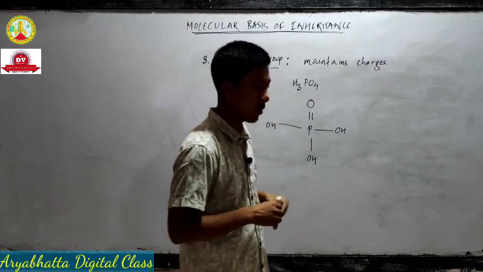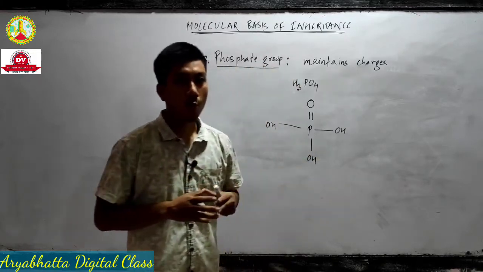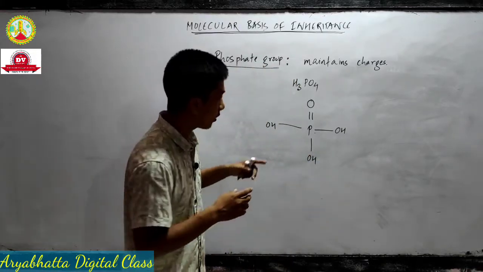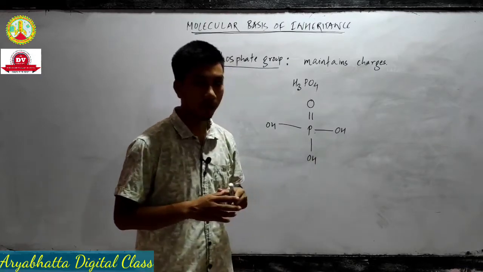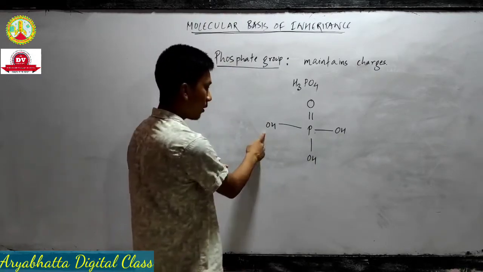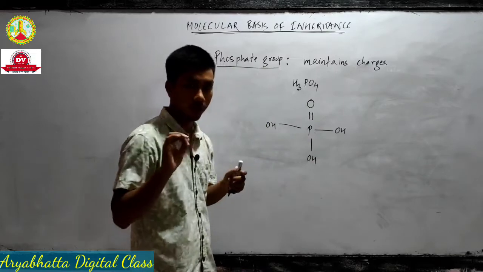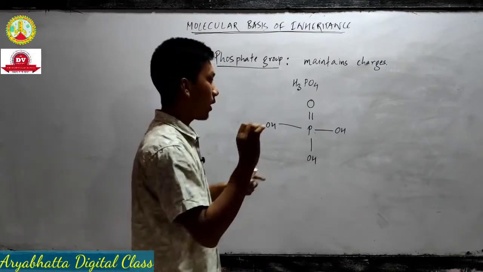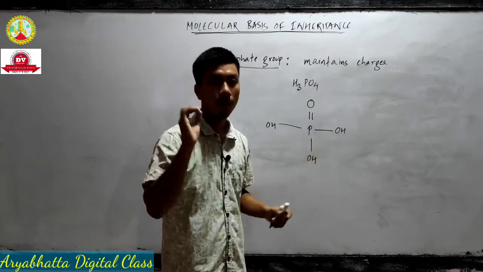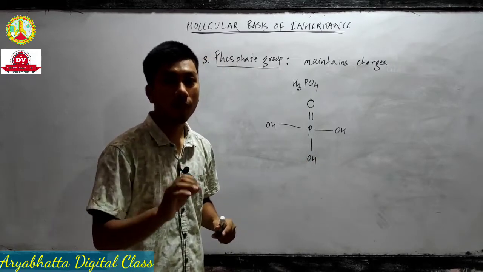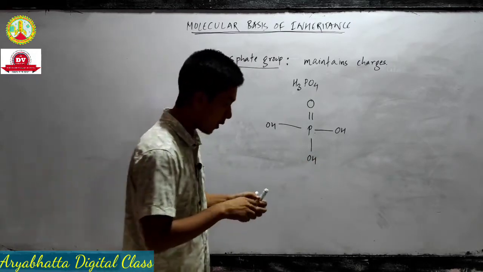Then we have phosphorus. So when they make a bond, one of the hydroxyl groups, that means one of the functional groups, either this or this, कोई एक functional group जाके it makes a bond with the 5th carbon of pentose sugar, right?